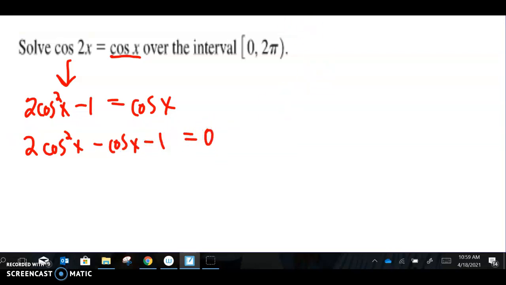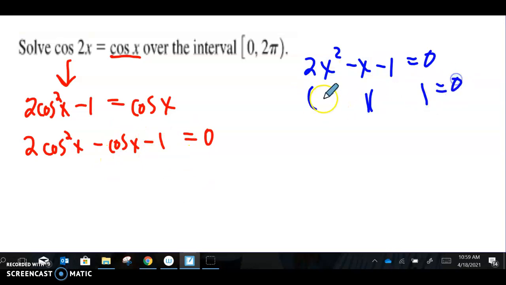Sometimes I go off to the side and think, what would I do if it was an algebra equation where I have 2 times something squared minus that something minus 1. I know that I would factor that as 2x plus 1, x minus 1. So that's what I'm going to do here, except instead of x, it's cosine x.